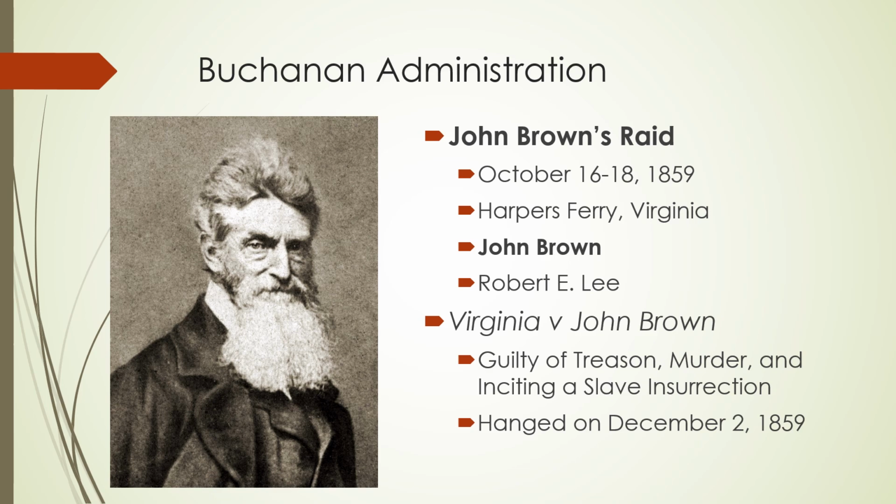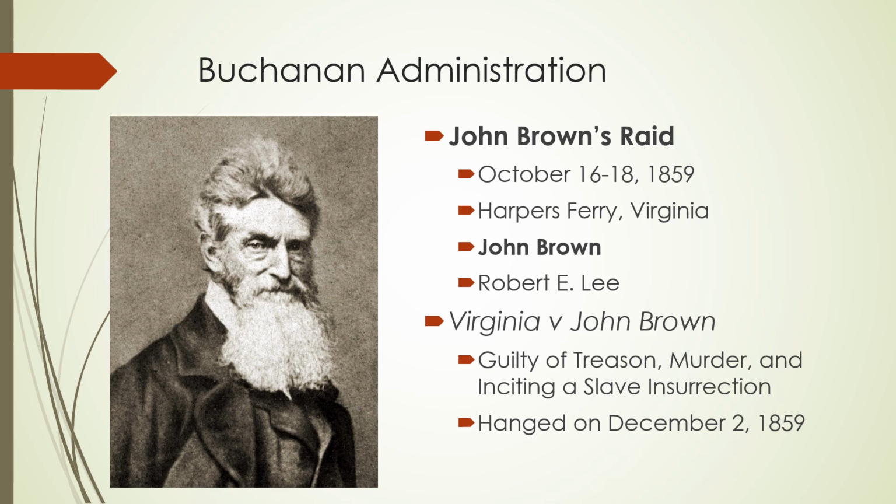All right. So October of 1859, here's that name John Brown again. So we talked about him in Bleeding Kansas. He was killing people in Kansas. But he has now decided, remember, he thinks he's God's instrument to end slavery. He is a radical abolitionist.